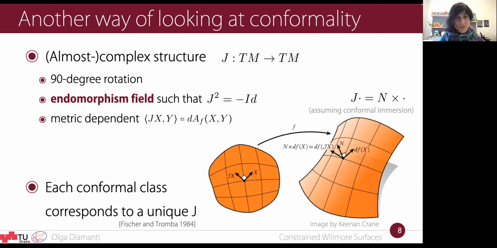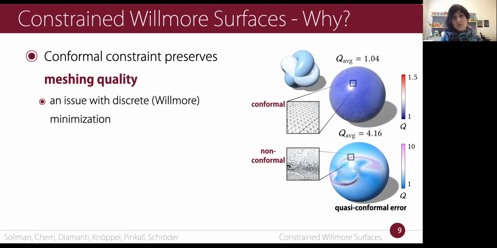So from a practical point of view, it's nice to add the conformal constraint to energy optimization because it ensures that the meshing quality is preserved. It happens a lot that when you optimize for some energy and you do some flow, the meshing quality degenerates, in particular for nonlinear energies like Willmore.